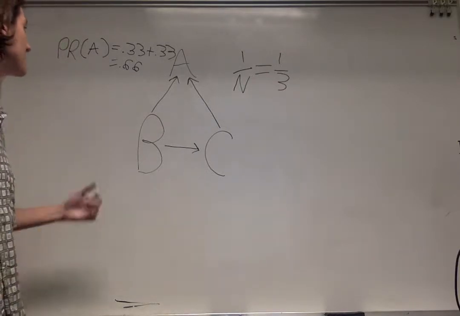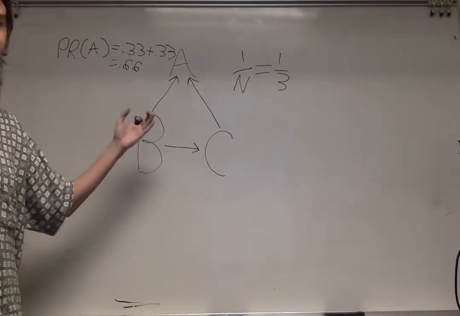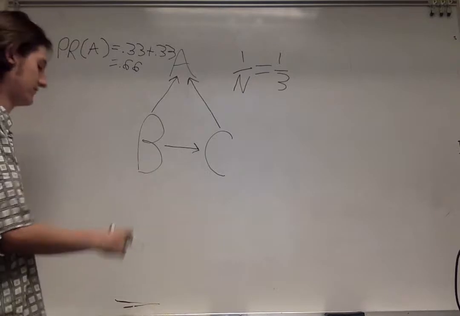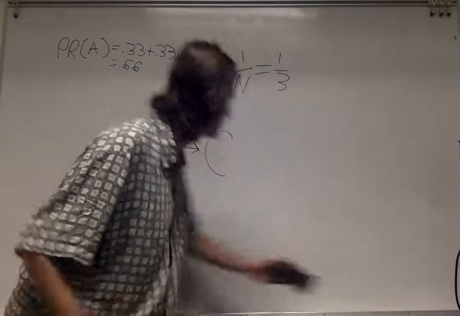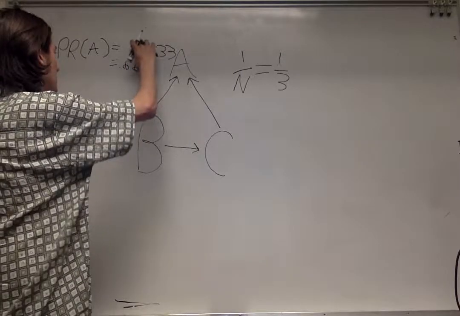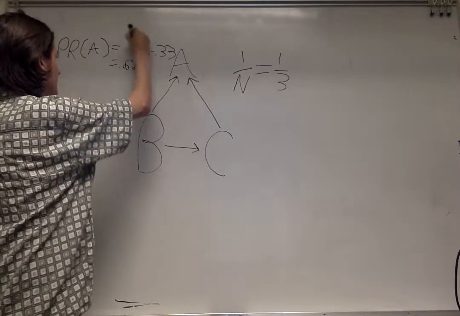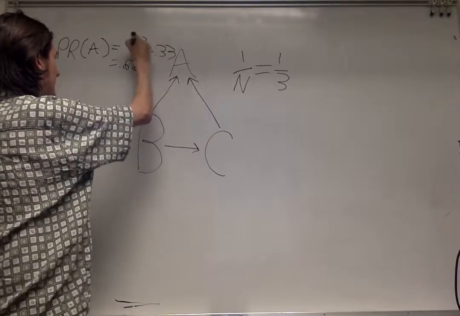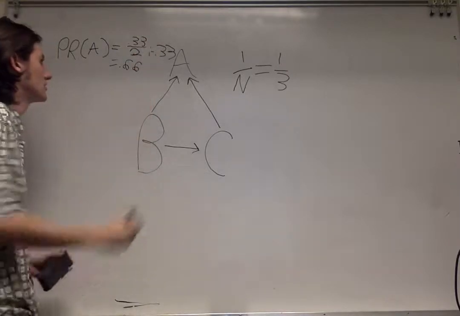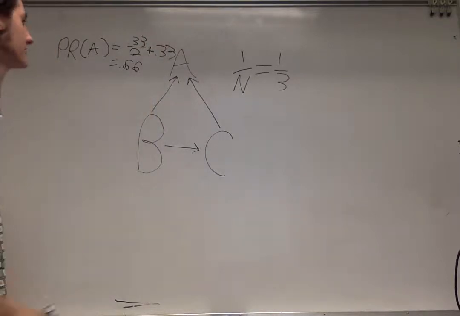So, instead of PRA is equal to 0.33 plus 0.33, we're going to have PRA is equal to 0.33 divided by 2 plus 0.33.